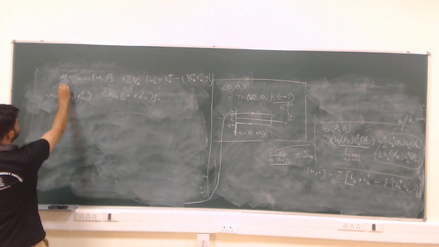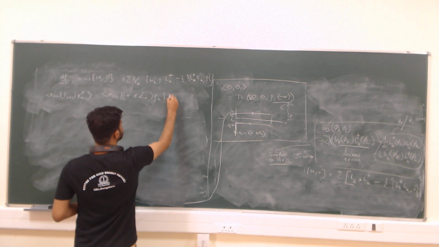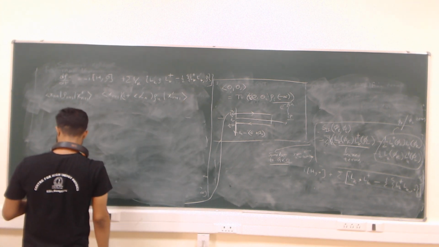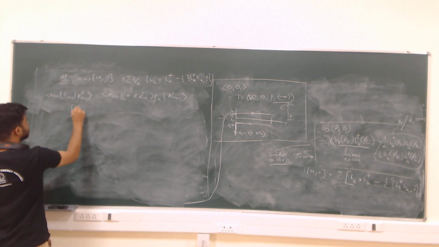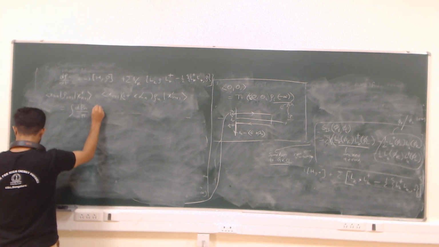Remember that we derived this density matrix equation in that partial-derivative manner only. Then what we can do is go to momentum space.